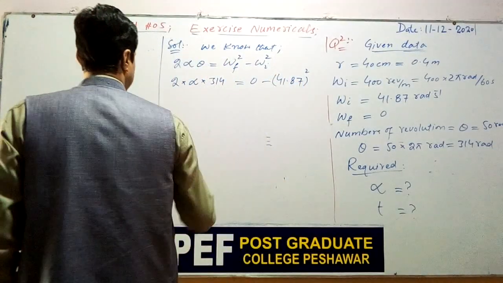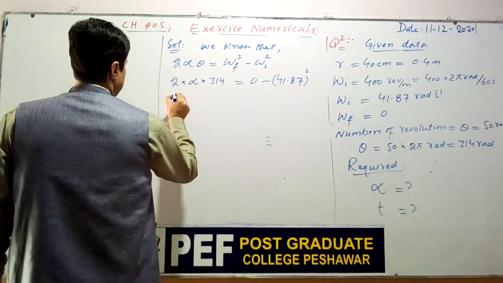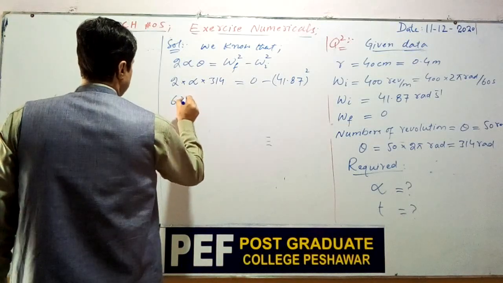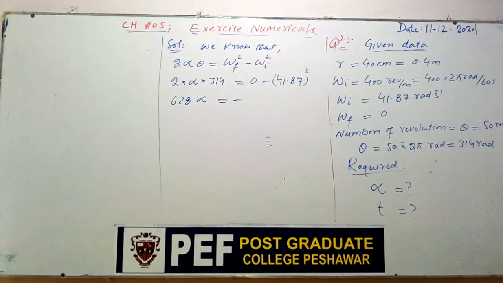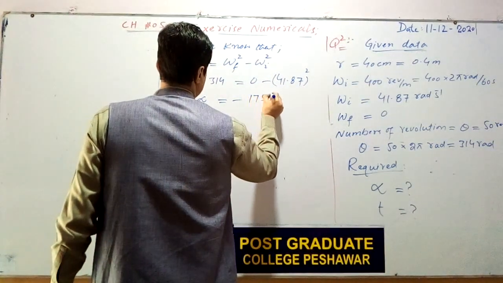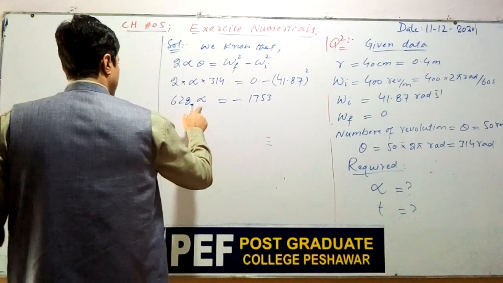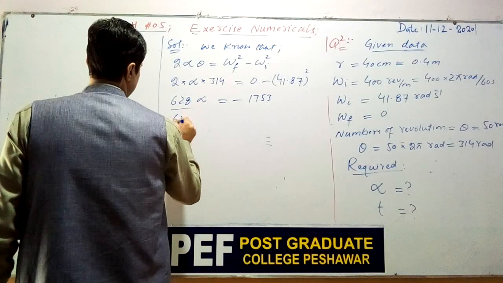So we will get 2 multiplied by 314, which is equal to 628 alpha. 628 alpha is equal to minus 41.87 square, which is 1753. Now we have to divide both sides by 628.